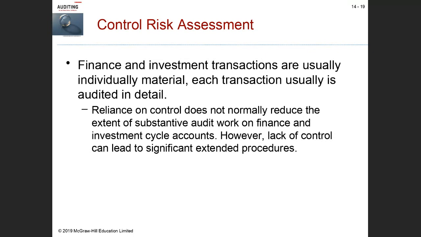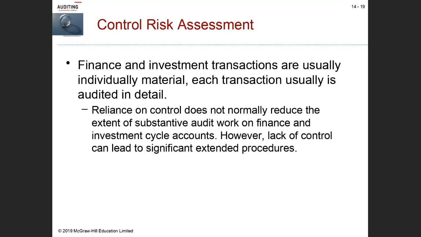The other complicating factor is that control over these transactions, where we have a fair bit of risk, is in the hands of a few people, top management. Remember, top management's goal is basically to keep their job and get more money. And so they may create errors in the accounting records to further their own objectives. So we have to be careful at the top of the organization. Lack of control can also lead to doing more substantive procedures.